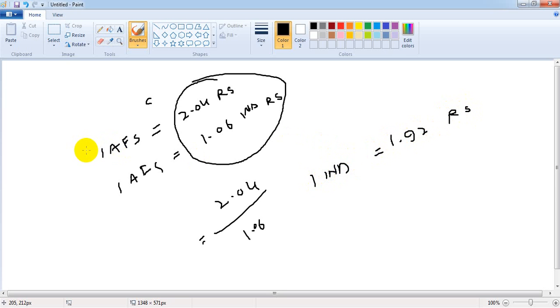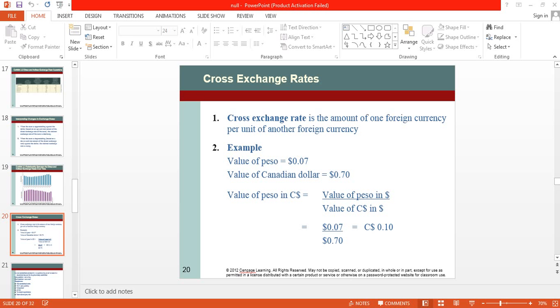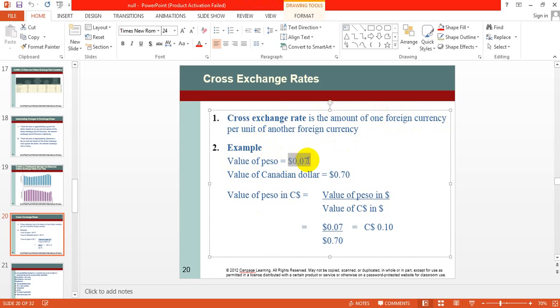It means if the exchange rate of one country is given with another country, and the exchange rate of the same country is given with a third country, then you can find the exchange rate between these two currencies. Look at this: it is the amount of one foreign currency per unit of another foreign currency. Now see here, the value of the peso in dollars is given, and the value of Canadian dollars in dollars is given.